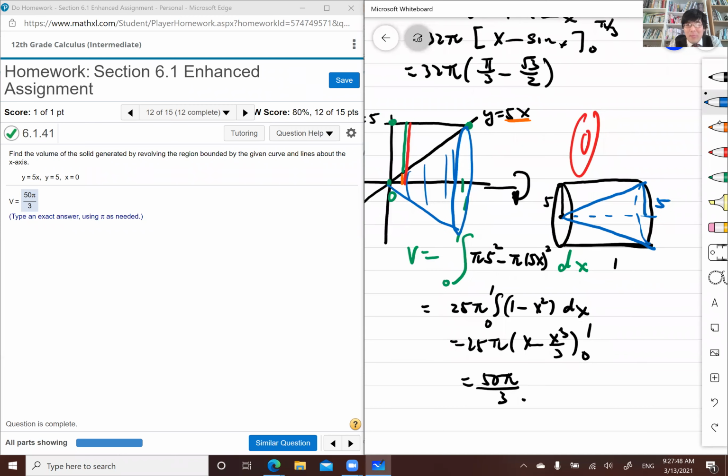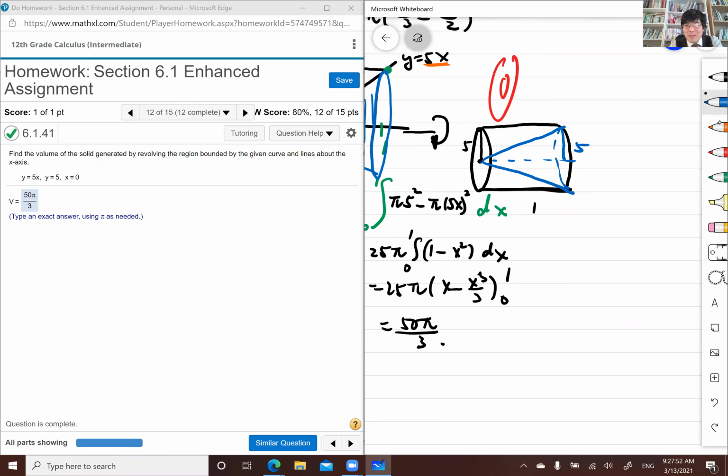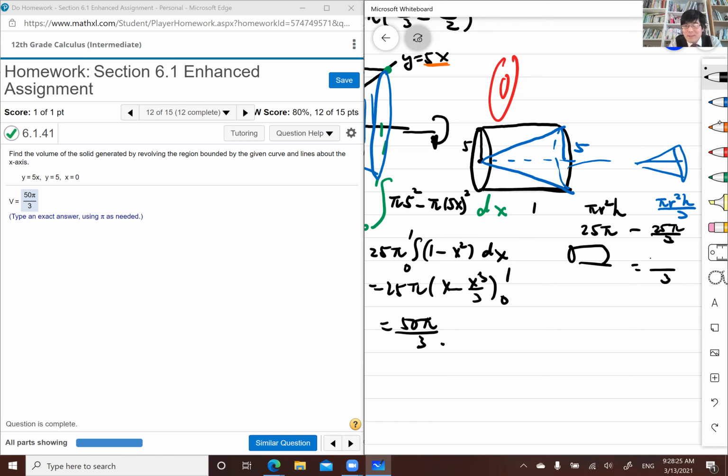So we can find the volume of the cylinder by just using the formula pi r squared times height. And to find the volume of the cone, you can just use pi times base radius squared times height divided by 3, which is 25 pi divided by 3. So that's going to give you the answer immediately.